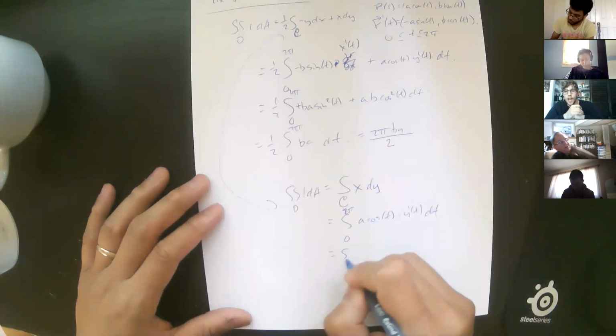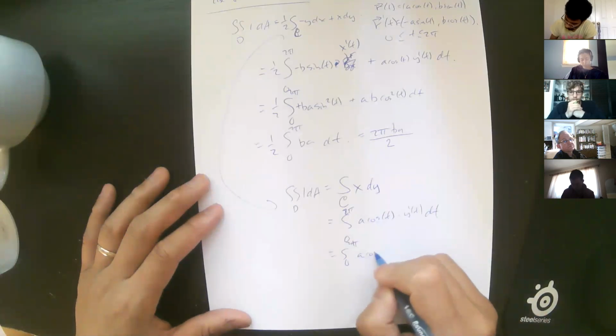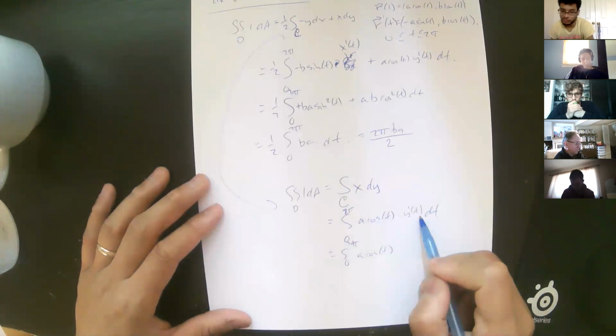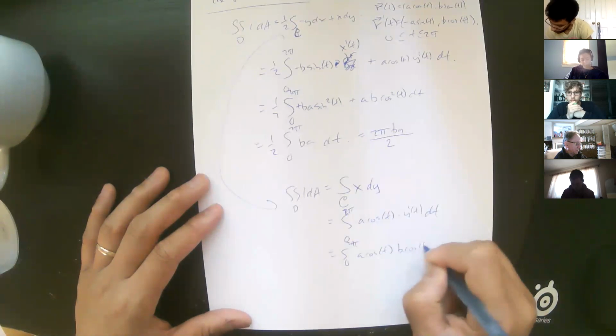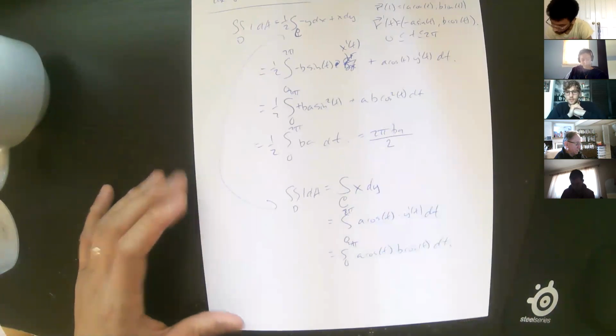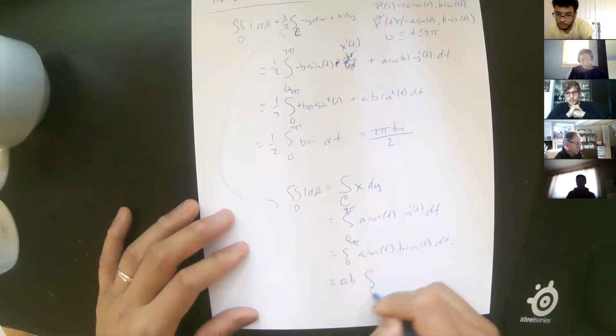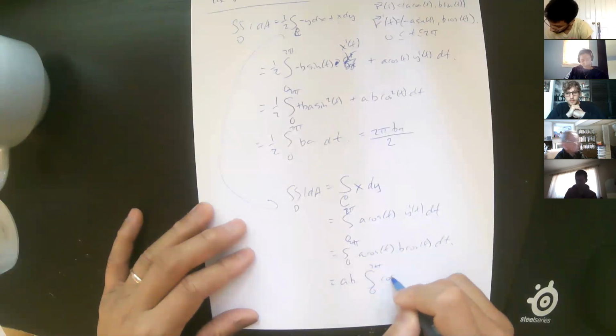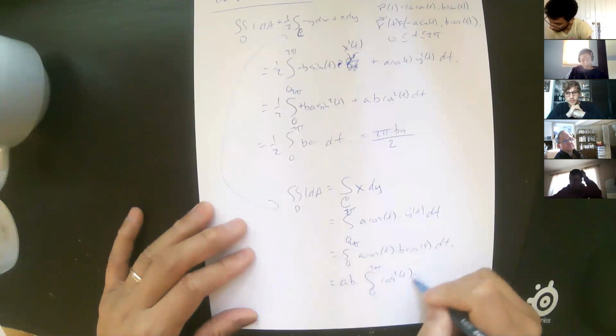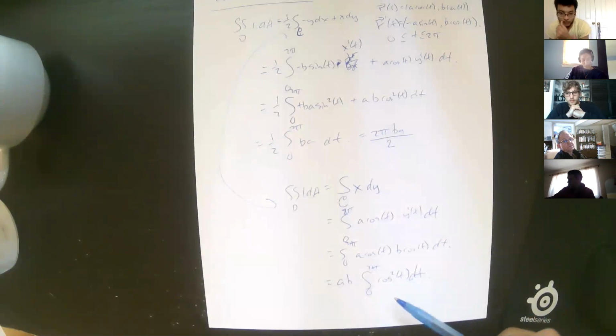This is the integral from 0 to 2 pi of a cosine t times y prime of t, which is b cosine t dt, right? And so now I've got ab times the integral from 0 to 2 pi of cosine squared t dt. This is integrable. We know what this integral is. We have to compute it. We can probably use integration by parts.